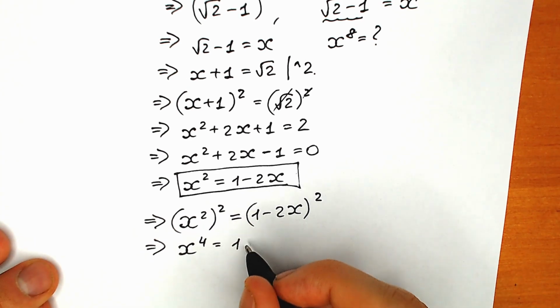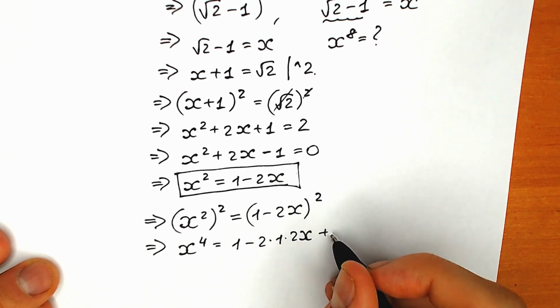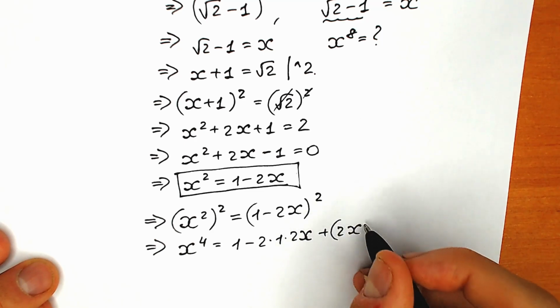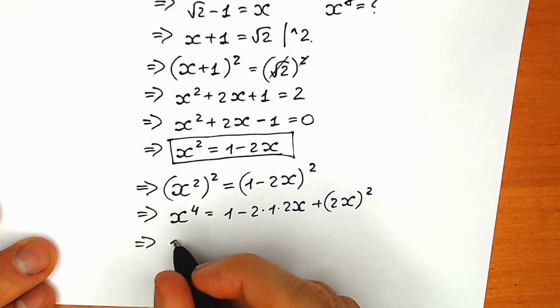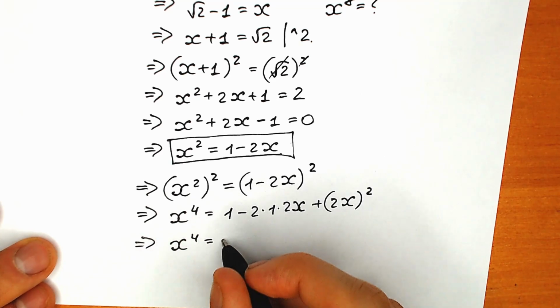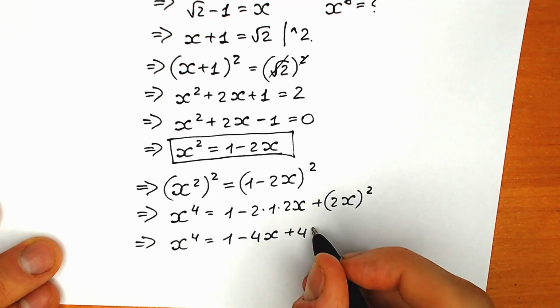This is equal to 1 squared, minus 2 times 1 times 2x, plus 2x squared. I just write it like a step-by-step solution. So from here we have x to the power 4 equal to 1 minus 4x plus 4x squared.